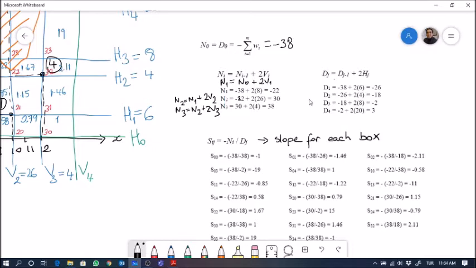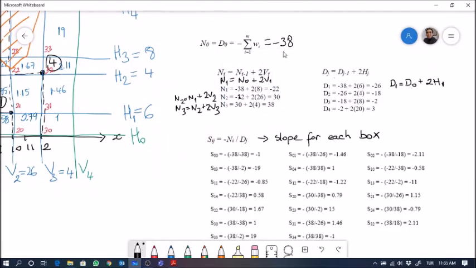We are going to apply the same for the Dj's. In order to calculate D1, D1 will be equal to D0 plus 2 times H1. So we know the value for D0, which is minus 38, plus 2 times 6. 6 is the value for H1.